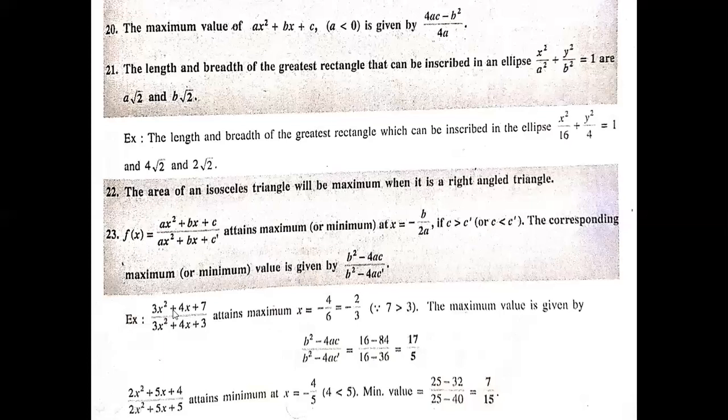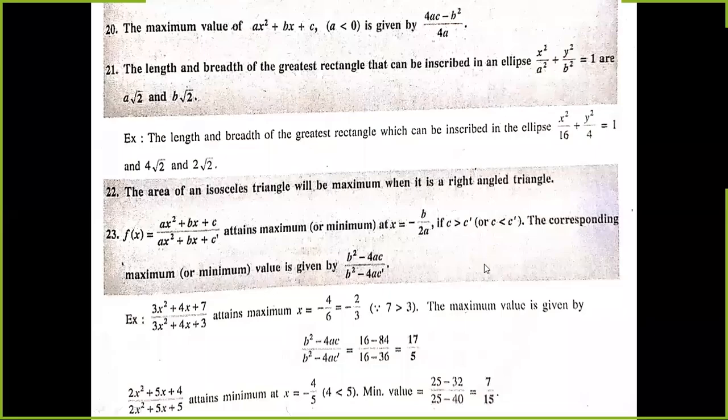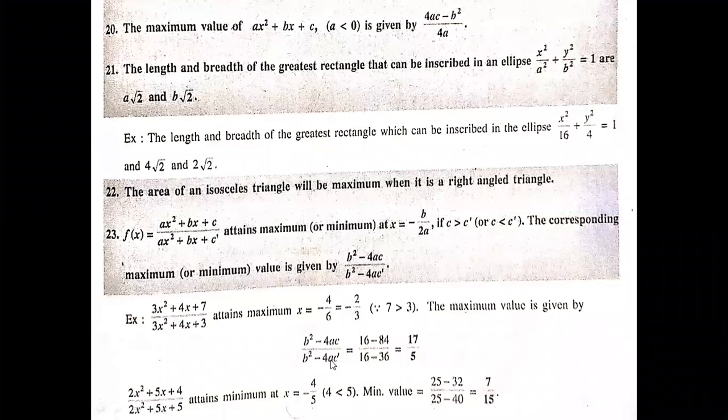For example, (3x square plus 4x plus 7) by (3x square plus 4x plus 3) attains a maximum at x is equal to minus 4 by 6, that is equal to minus 2 by 3. (b square minus 4ac) by (b square minus 4ac dash) is equal to (16 minus 84) by (16 minus 36), that is equal to 17 by 5.